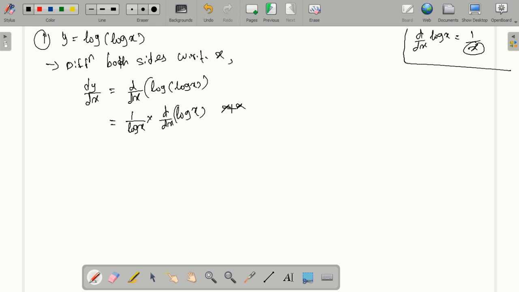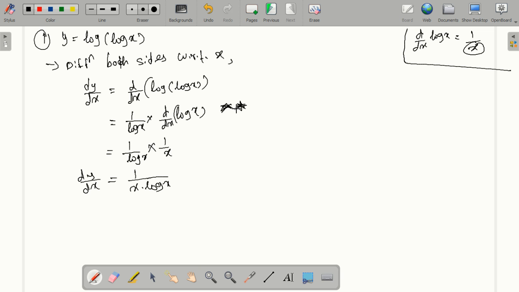So, don't get confused with the x, this is important. The answer would be 1 upon log x into the derivative of log x, which is 1 upon x. So the answer would be 1 upon x log x.